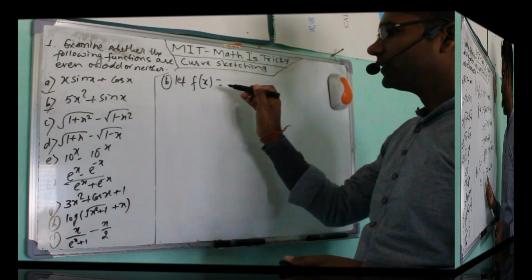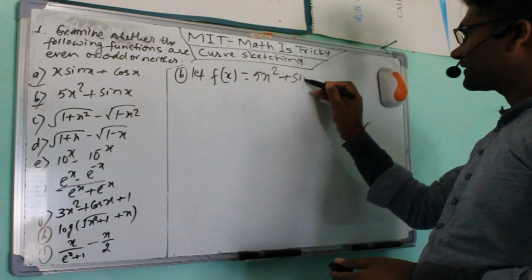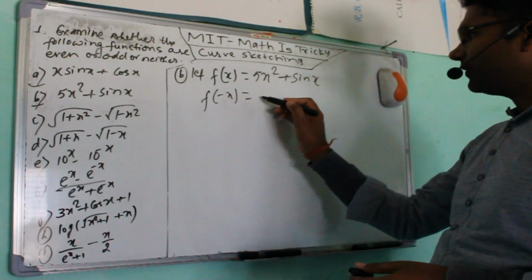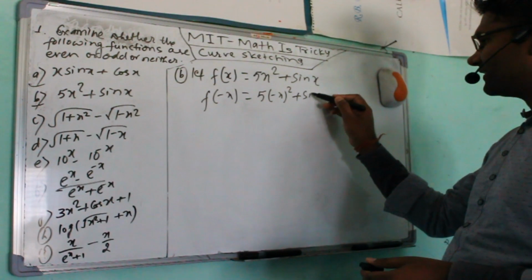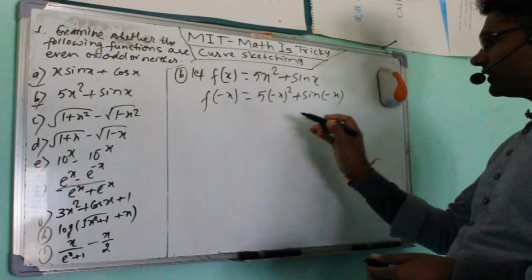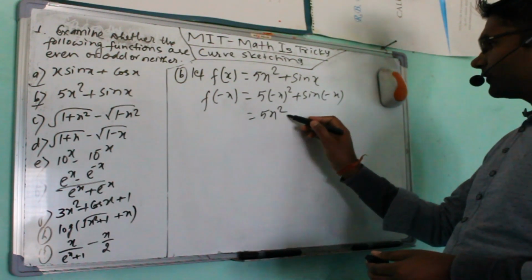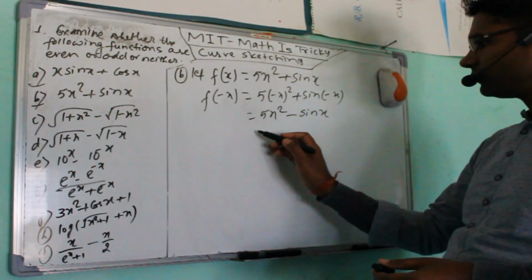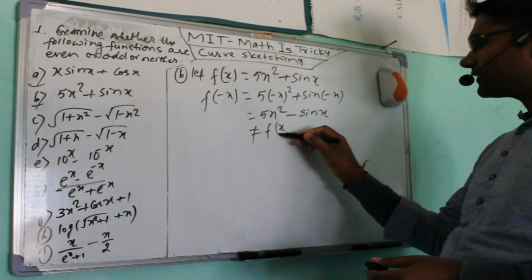Now solve part b: 5x square plus sin x. Now f of minus x will be 5 times minus x whole square plus sin of minus x, which gives 5x square minus sin x, which is not equal to f of x.